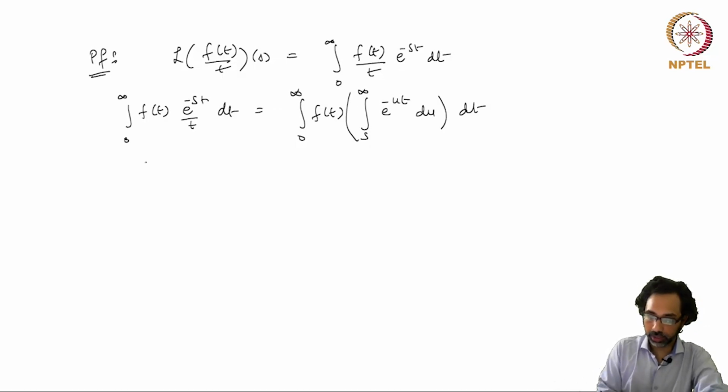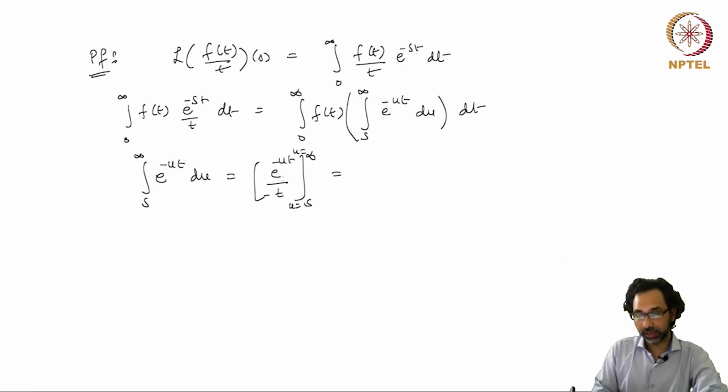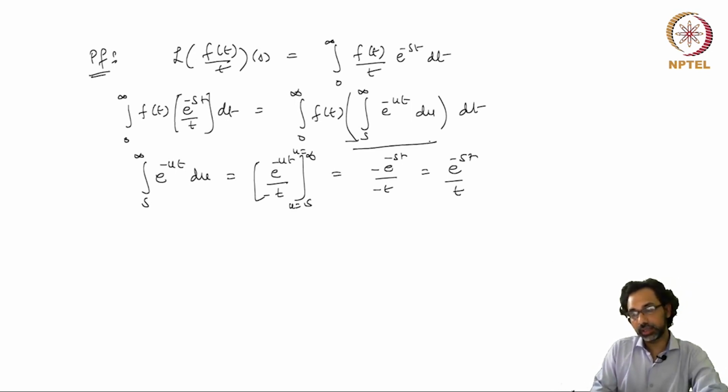Note that the integral from s to infinity of e to the minus ut du is nothing but e to the minus ut over minus t, from s to infinity. At u equal to infinity this is 0, and at u equal to s this is minus e to the minus st over minus t, which is e to the minus st over t. So we have just taken this part and rewritten it as an integral.